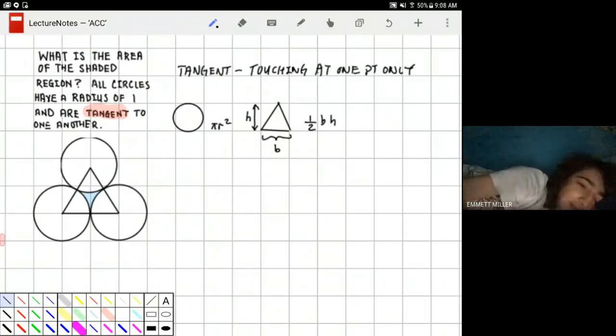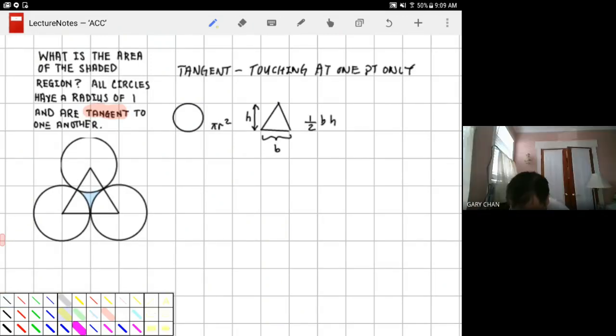Yeah, find the area of the triangle and then subtract those three smaller parts of the circle from it. I totally agree with that.